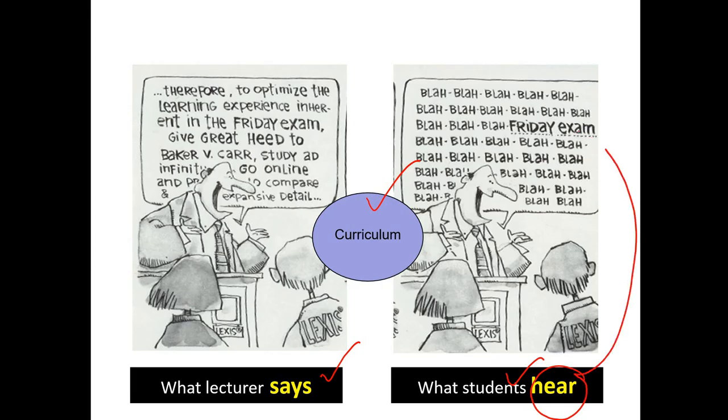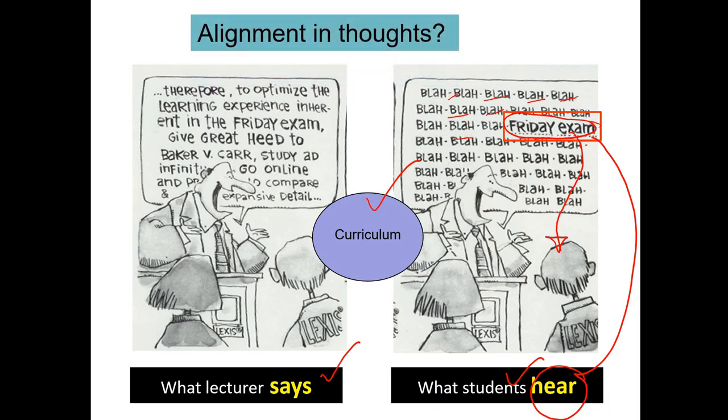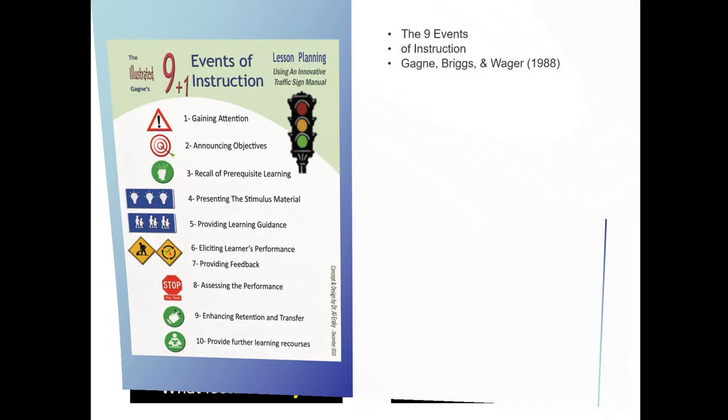The student thinks it is all blah blah blah, but when the teacher says on Friday there is an exam, the student is stimulated. Students are very anxious about their grades, and you have to get their attention when teaching them. So alignment in thoughts is very important, and this is how the learning objective will help you.